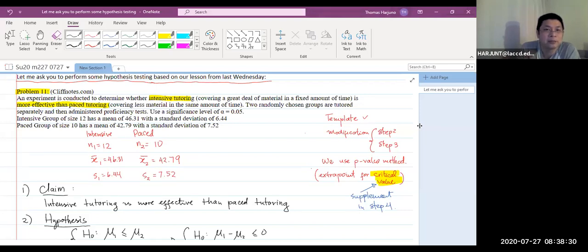You fix the time, okay? Paced tutoring covers less material in the same amount of time. Intensive tutoring, therefore, covers more. And the result, if there's no difference, why do we want to spend more time?